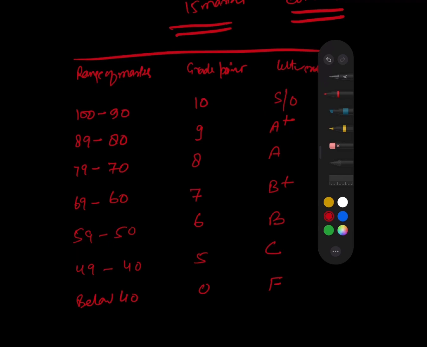So you have these letter grades and grade points. If for example you get 82 marks, it means you have got 9 grade points and your letter grade will be A plus. In your mark sheet, A plus will be written. This is very important. You should learn.